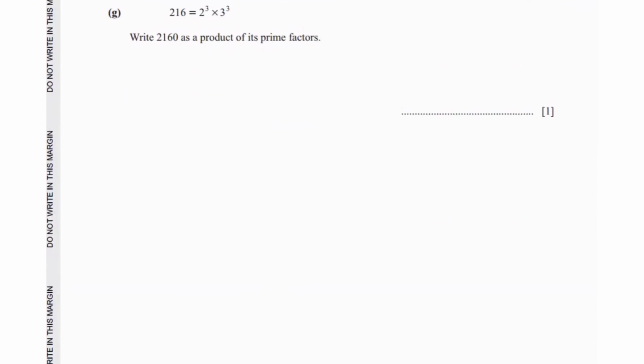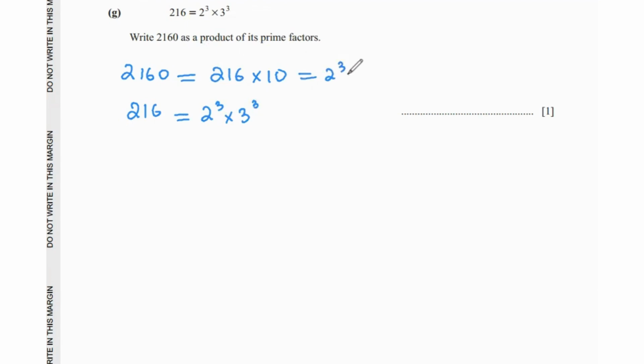Then it says 216 equals 2 cubed times 3 cubed. Write 2160 as a product of its prime factors. So if we compare 2160 and 216, the only difference is that this is being multiplied by 10, which means the 216 can be replaced by 2 cubed times 3 cubed.